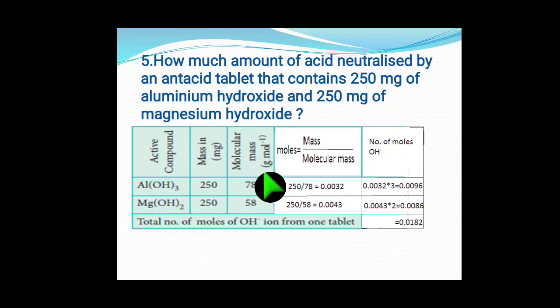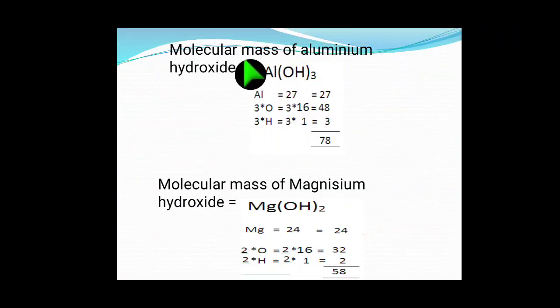Next, we have to calculate the molar mass of aluminum hydroxide and magnesium hydroxide. For aluminum hydroxide, aluminum atomic mass is 27, 3 oxygen is 3 into 16, 48, and 3 hydrogen is 3 into 1, 3, so the total is 78. In the same manner for magnesium hydroxide: magnesium 24, 2 oxygen is 2 into 16, 32, hydrogen 2 into 1, 2, total 58.